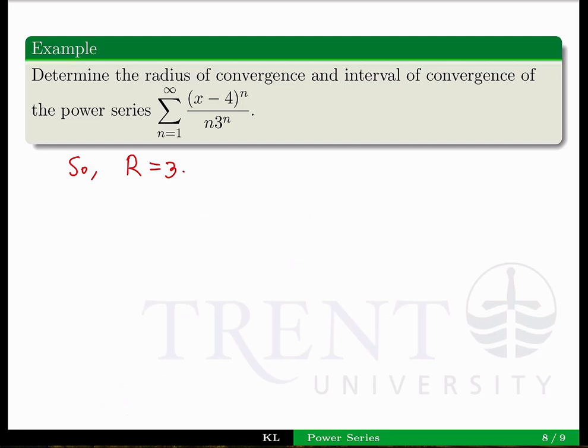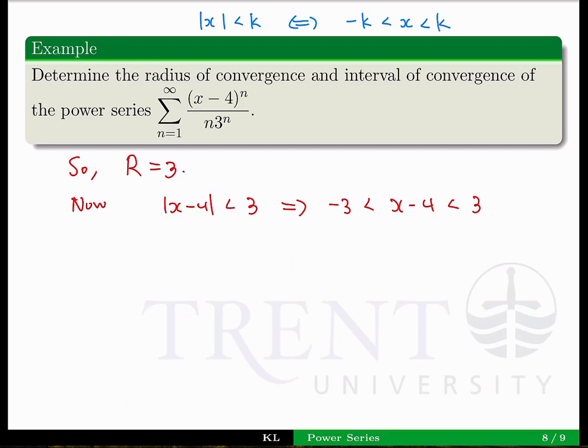How about for the interval? Now, we have the absolute value of x minus 4 less than 3. This means you got negative 3 less than x minus 4 less than positive 3. So always remember, the absolute value of x less than, say, k, if and only if negative k less than x less than positive k, where k is greater than 0.